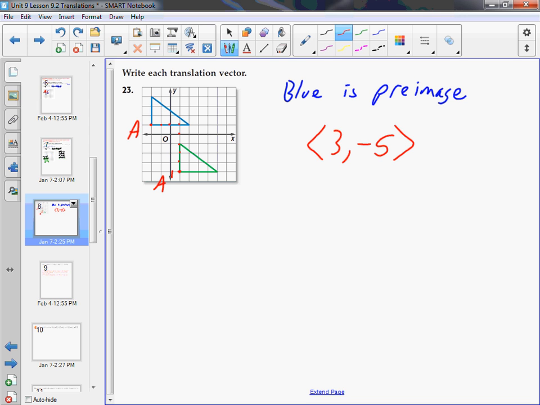But what's our standard going to require us to do? Function notation. So the ordered pair xy becomes, then how do we write the x coordinate? X plus 3, and then y minus 5. Yeah, that was a little trickeration there.